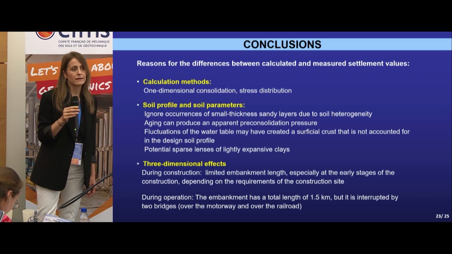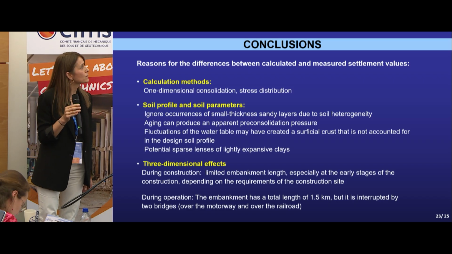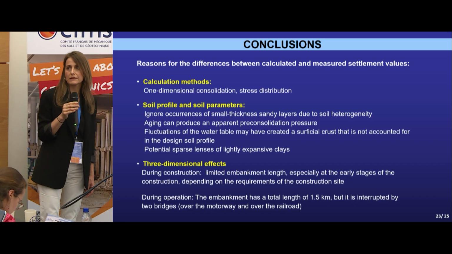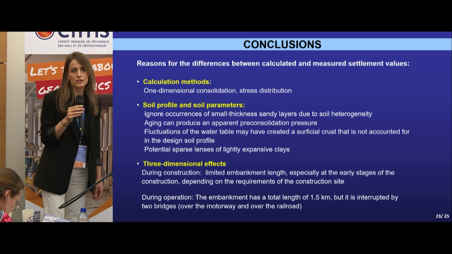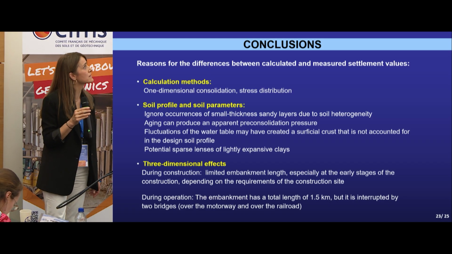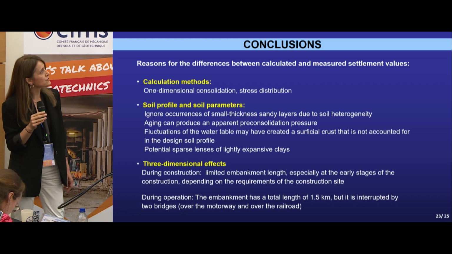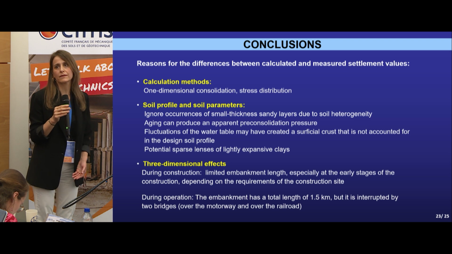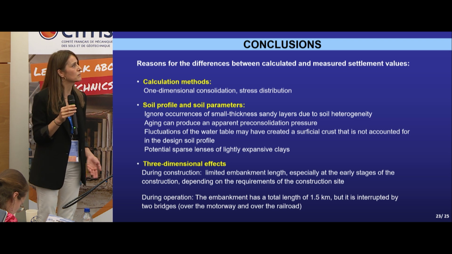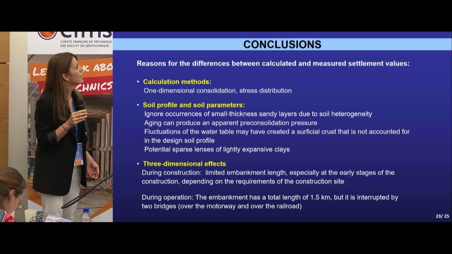When we calculated the settlements, we assumed that the embankment is of infinite length. This is not the case, and certainly not at early construction stages, because of restrictions at the construction site, which have to do with the construction sequence, the timetable of the project, and so on.